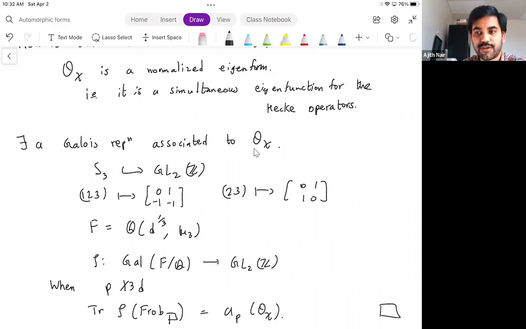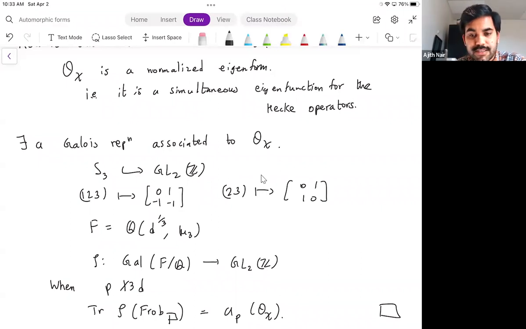So this part I don't know well, but I thought I would mention it so that we can see how the modular form relates to what is on the side of the Galois representation. And this is the correct Galois representation associated to theta chi.